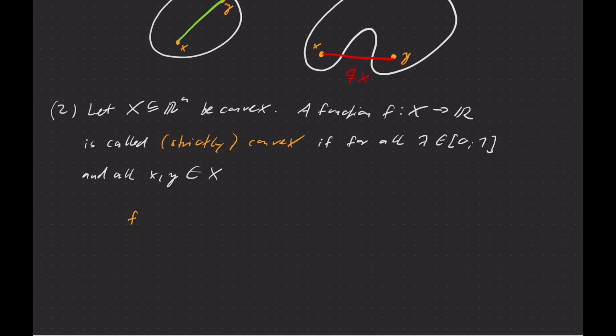The function value at the point lambda x plus 1 minus lambda y, so we're taking an arbitrary convex combination of x and y, and that is why the set X needs to be convex, to make sure that this convex combination is always contained in the set X, we want that to be less or equal to lambda f of x plus 1 minus lambda f of y.